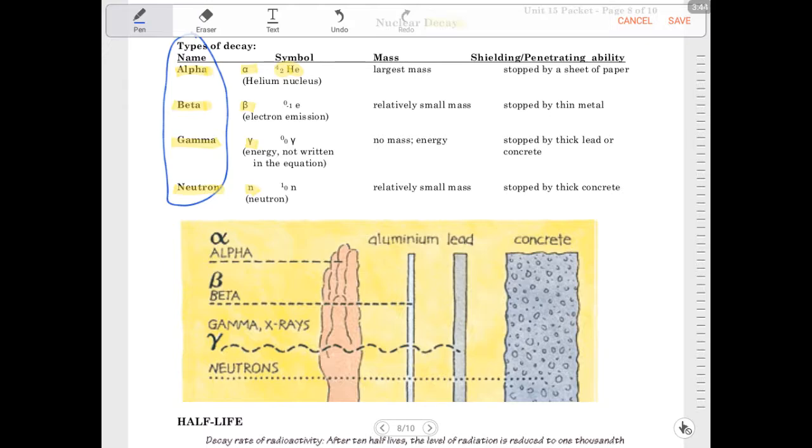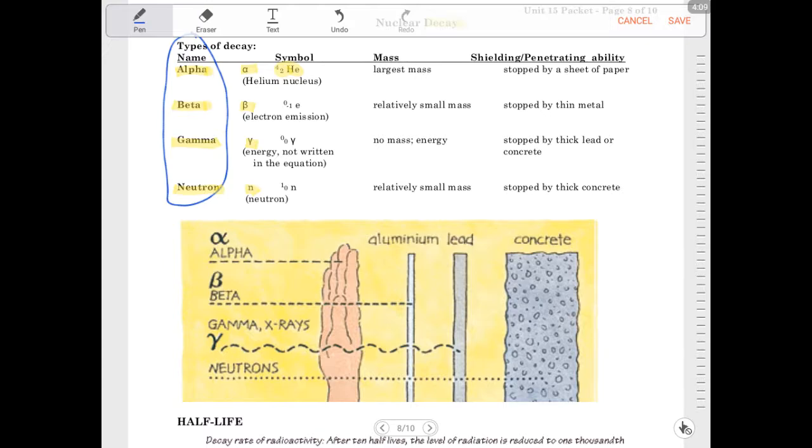You might have heard before in the movies or something like that, doomsday preppers who make a bomb shelter. Well, to make it a really good one, you need about 3 or 4 feet of concrete and then about 6 inches of lead inside as well to stop all of the radiation that could potentially be out there from a nuclear bomb. There's a lot of energy being transferred here.